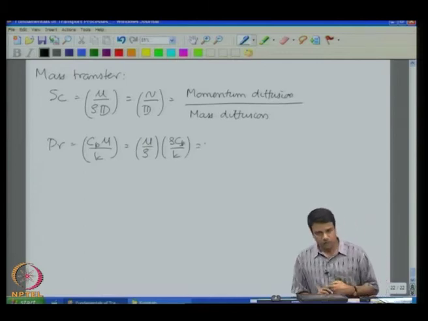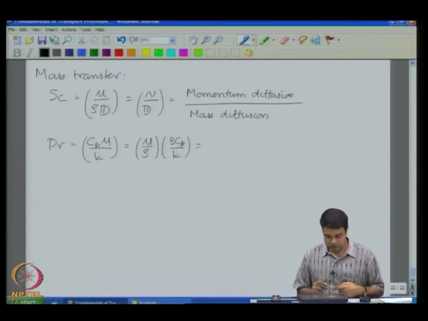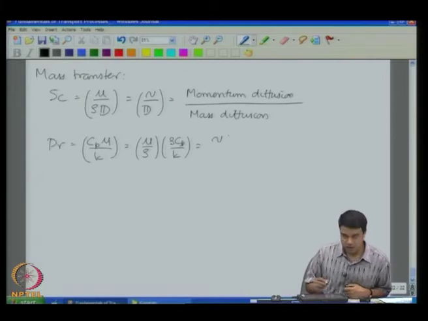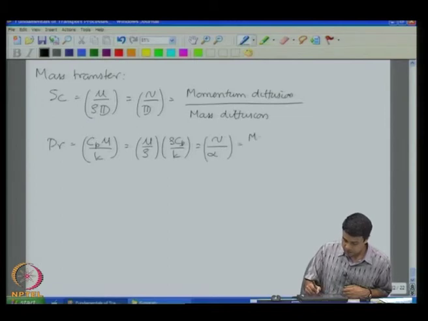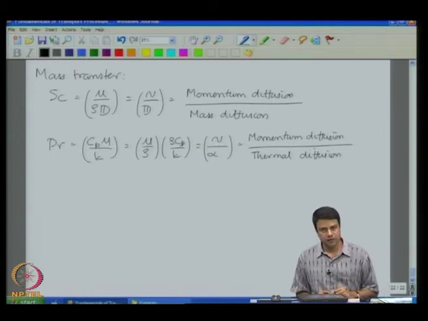Mu by rho is the kinematic viscosity, nu, the momentum diffusivity, and k by rho Cp is the thermal diffusivity, alpha. So, this is equal to momentum diffusion by thermal diffusion. So, that is the Prandtl number.